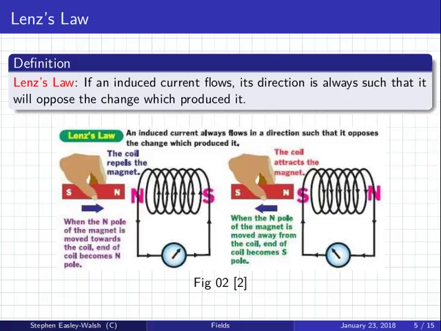So when this is moving in, it makes a current, and the current makes a solenoid, and the solenoid becomes a magnet with a north here and a south here. And as you move the magnet out, you make a current. The current makes this a solenoid, and the solenoid behaves like a magnet with a south here and a north here.